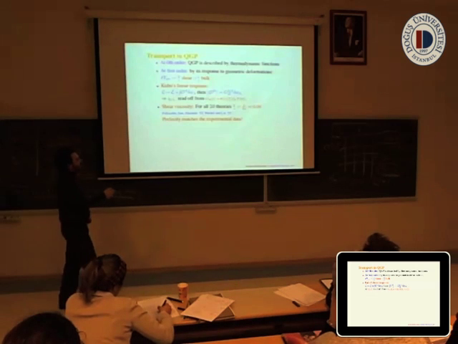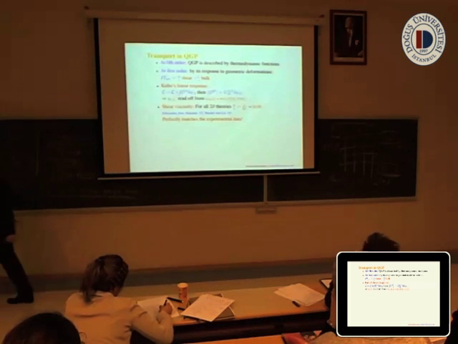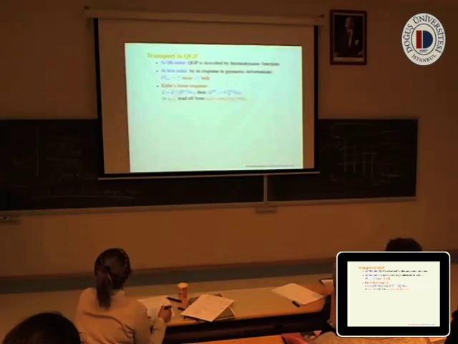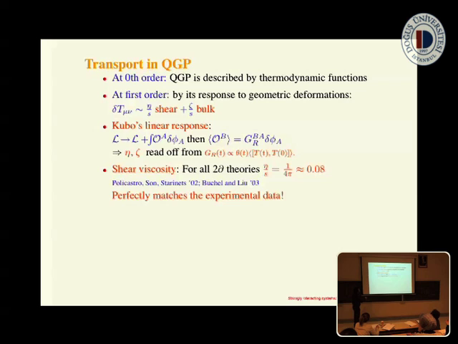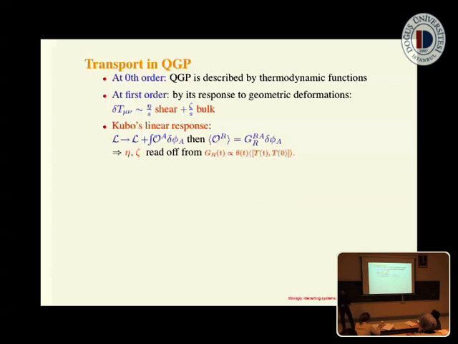The energy momentum transfer in relativistic theories can be expanded in some parameters. This is called the dissipation of the system. These coefficients are related to how the energy is dissipated in the system.